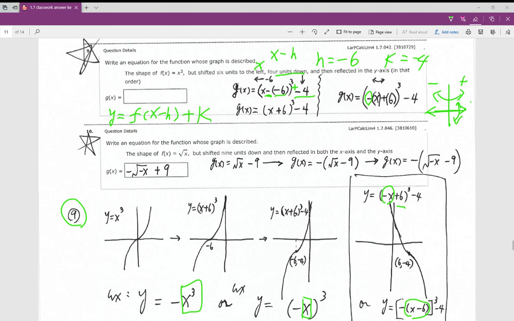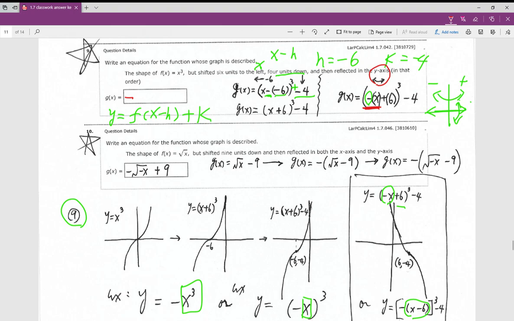When they say reflect on the y-axis, you have to understand that it is for x to become positive or negative, but not the whole parentheses. Only x has the negative. Then your final answer will be g of x is what?